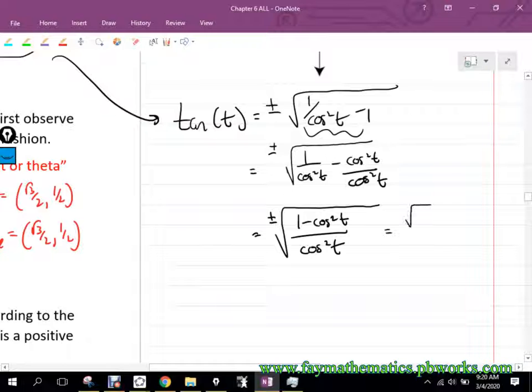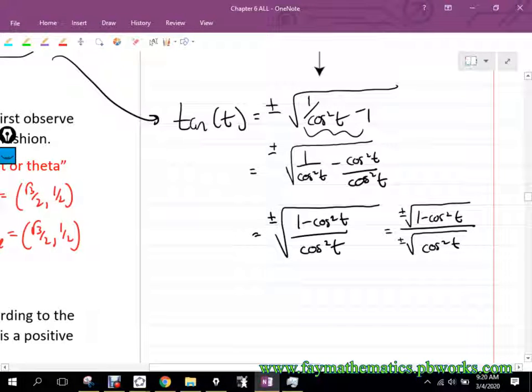I can go ahead and break this up into the square root of 1 minus cosine squared t over the square root of cosine squared t. That makes sense? But what is the square root of cosine squared t? Cosine t. That was the whole purpose of merging the fraction, and then I can break apart the radical. So now what we have here is the final solution that we're going to type in.